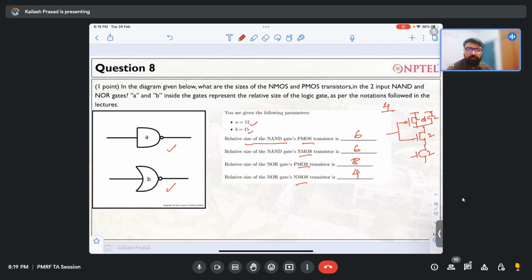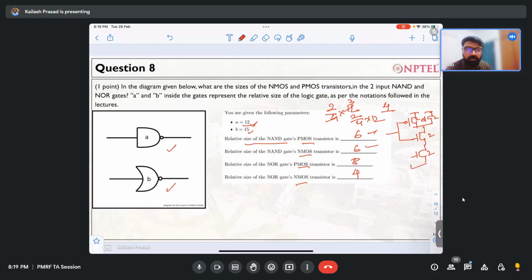The individual contributions of PMOS and NMOS are 2 and 2 only. If the total size is 12, for PMOS it will be 2 by 4 into 12, and for NMOS also it is 2 by 4 into 12. So 4 3s are 12, and the answer will be 6 and 6. This is for the NAND gate.